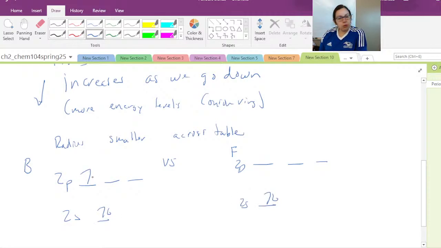So boron has 1 electron in our p orbital, and then F has 7 total valence. So what's going on as we add these electrons here? Why would our radius shrink?